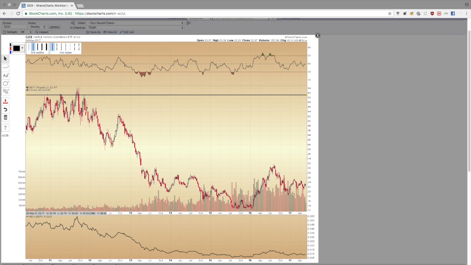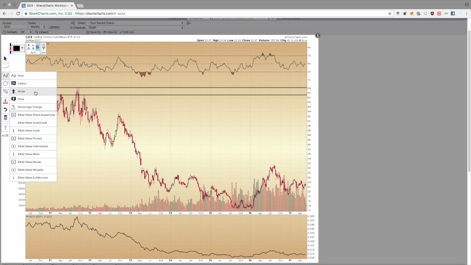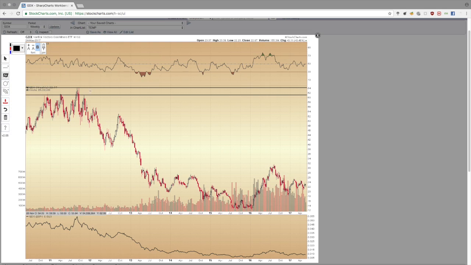So what I like to do when we have multiple hits like this in a region, I like to actually draw two horizontal lines. And so what I do is I consider this a range. So we go from the lowest right here attempt at this range to the highest attempt at this range. And then I would just draw a call out, and I would call this resistance zone.